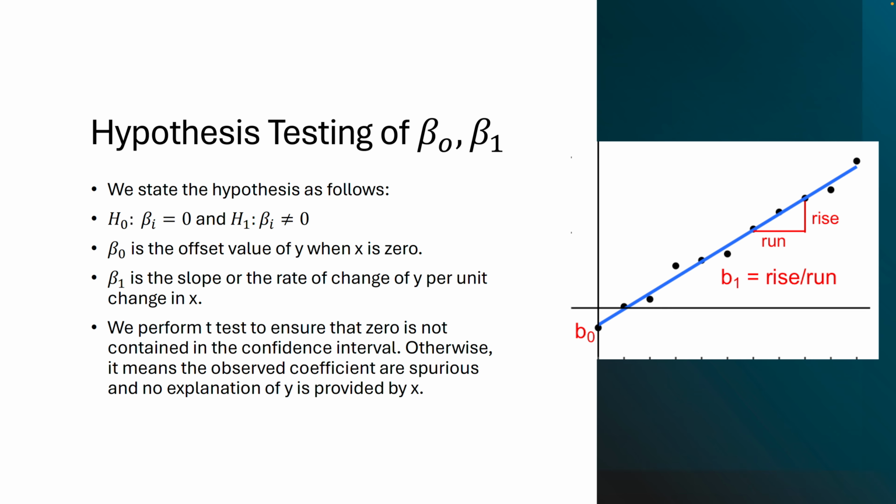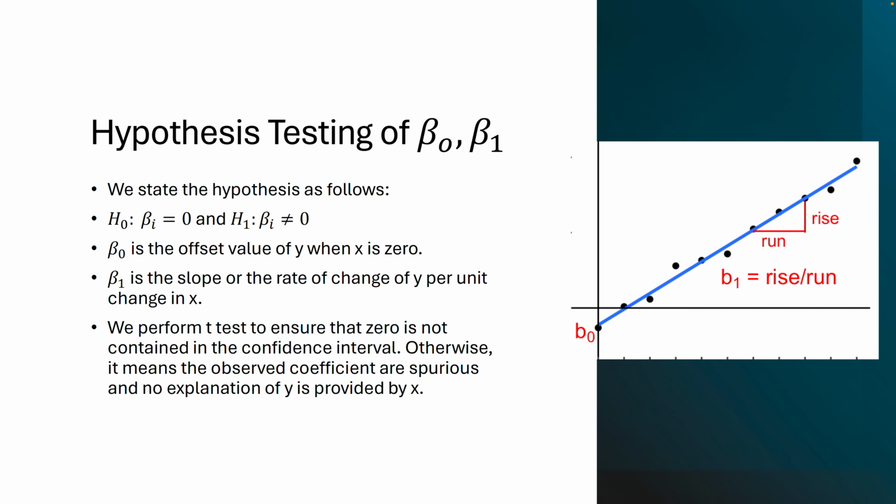If the confidence interval of beta naught or beta 1 contains 0, it means the observed coefficients are spurious and there is no explanation of y provided by x. Now we don't do each of these manually.